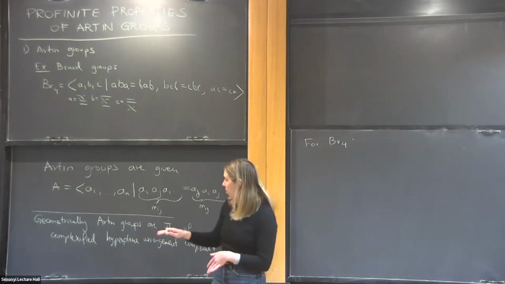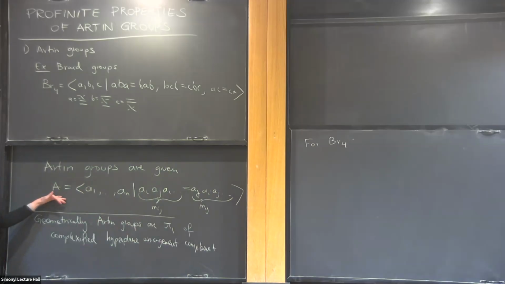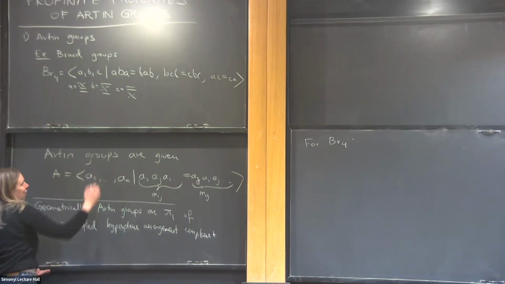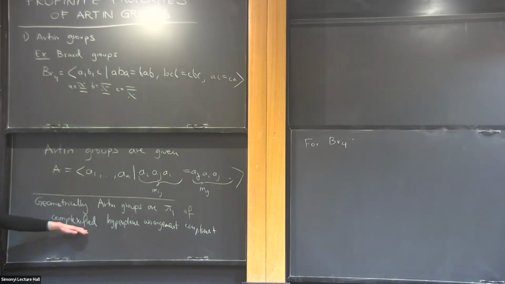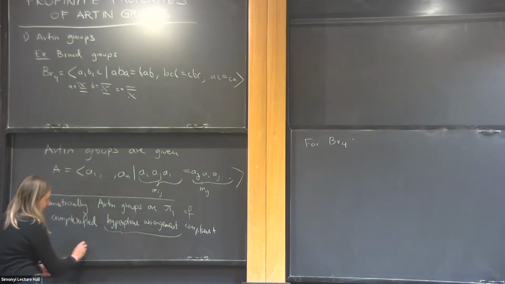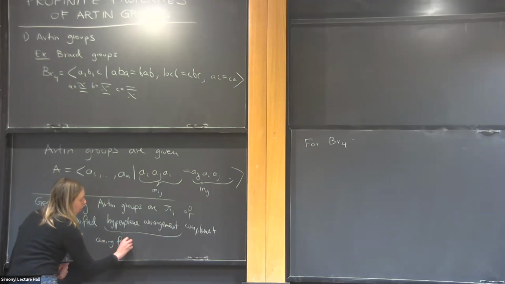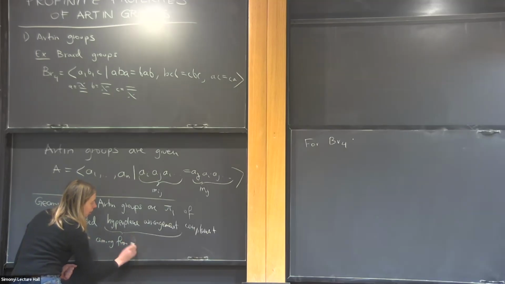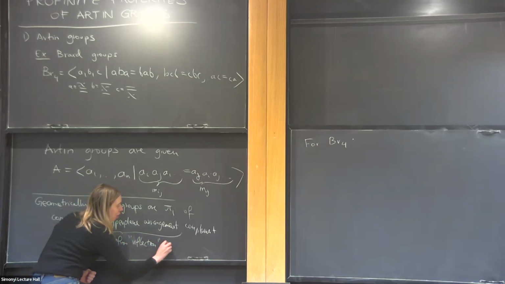Maybe this is also something I should mention here. I say complexified hyperplane arrangement complement, where this hyperplane arrangement is coming from the reflection action of a Coxeter group.